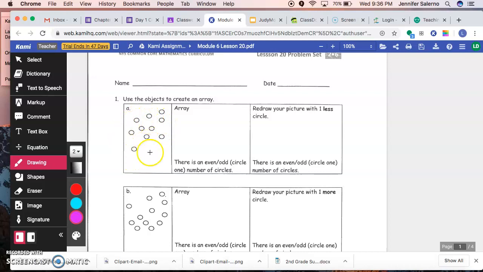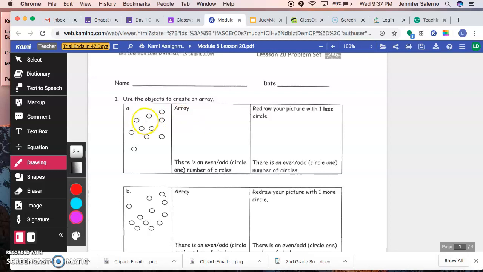They want you to take this and turn it into an array any way that you want, but it has to be an array, which means it has to be nice and neat and even, columns and rows, okay? But because we are also still learning even and odd, you're going to see something when we do this, okay? Because it could have one, for example, that's by itself, because that's showing that it would be odd, okay?